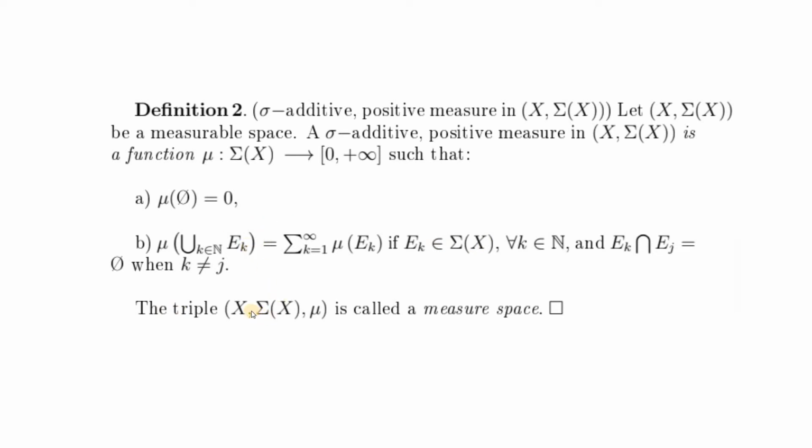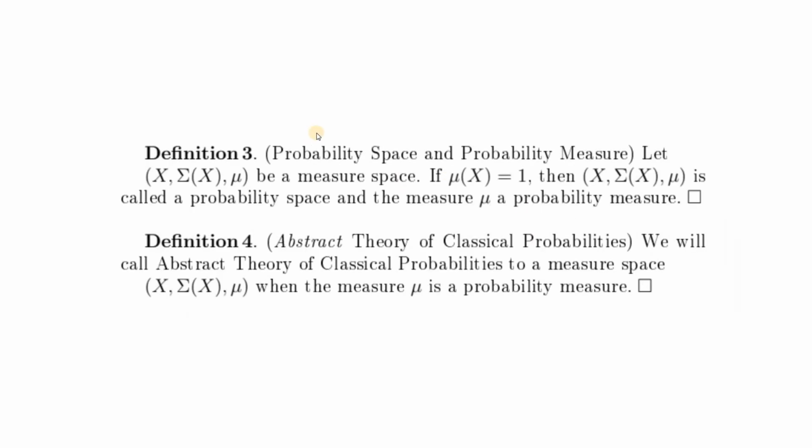So a measurable space with a measure is called a measure space, and this is useful for defining a probability space, which is a measure space in which the measure applied to the whole set gives 1.